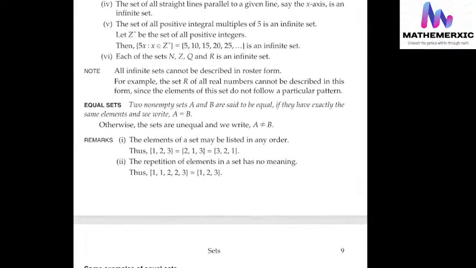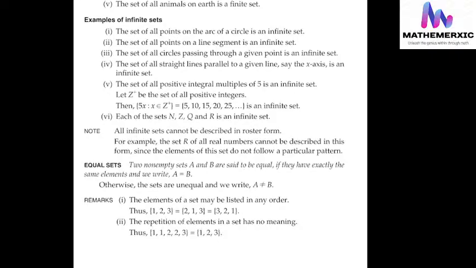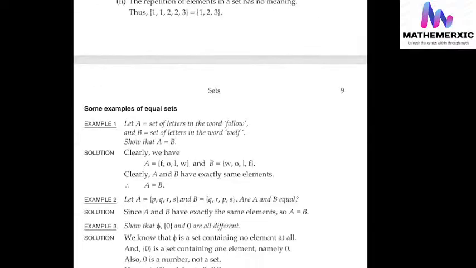In case of equal sets, two non-empty sets are said to be equal if they have exactly the same elements and we write A is equal to B. So whenever we say A is equal to B and they have the same elements, in that case we will say they are equal sets. Ordering is not important. If the elements are equal, then it will be equal sets.